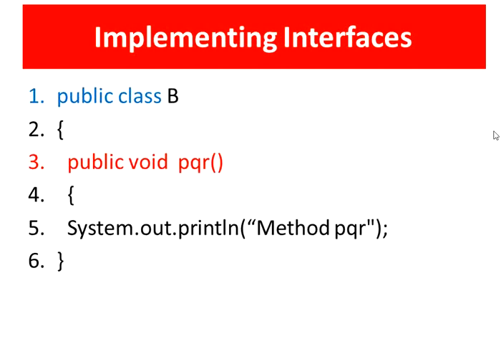Then we have created a class B. This class B contains method PQR, and this method PQR displays output as method PQR.